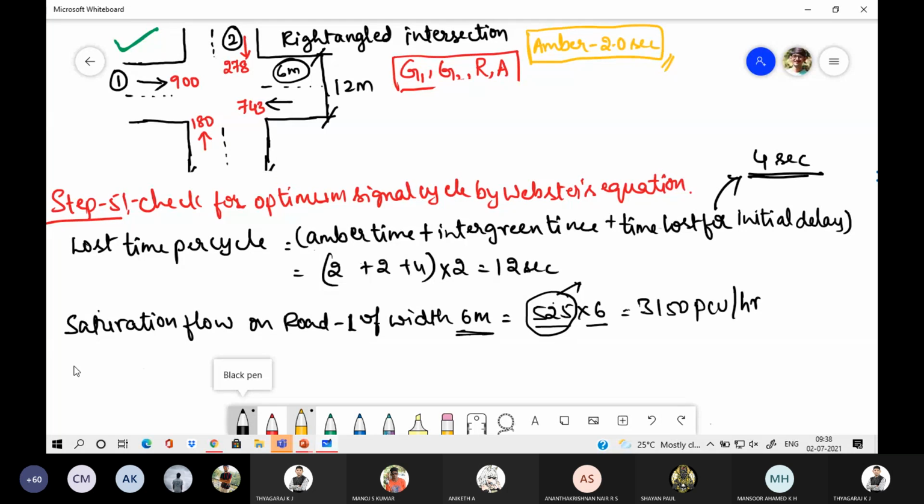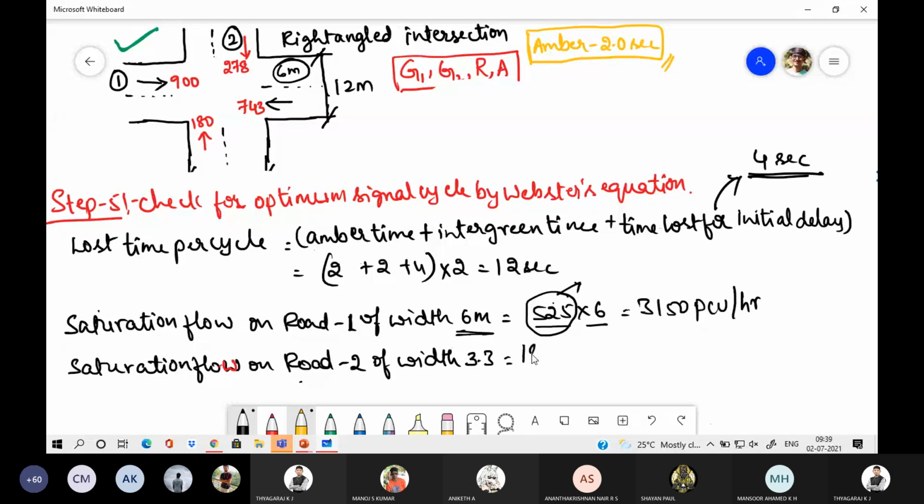Then similarly, the saturation flow on road 2 of width 3.3 meter. For 3 meter width, it is 1850 we have to consider, plus 0.3 times 40.